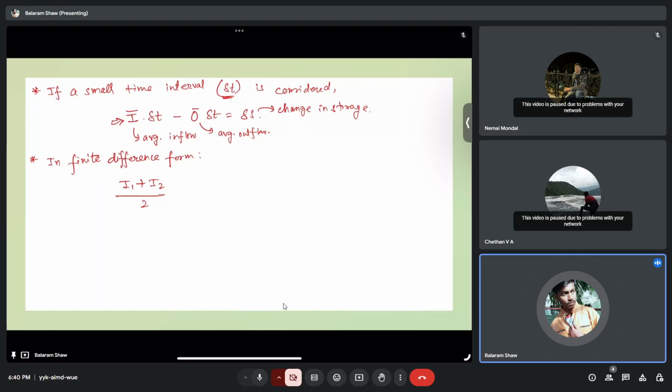So as I mentioned, 1 here denotes the beginning of the time interval del t, and 2 is the end of the small time interval del t.